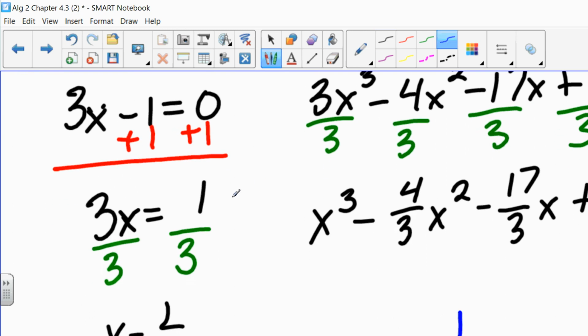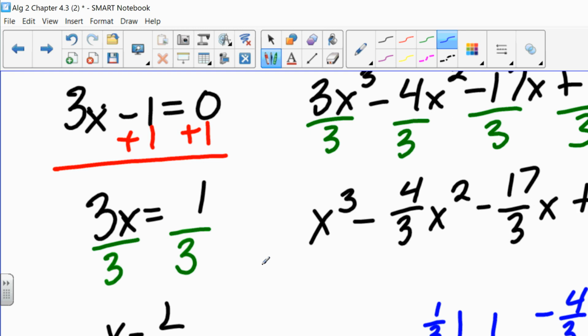Now that we have it this way, we can actually do the synthetic division. So we would have 1/3 here, and across the top we would have 1, -4/3, -17/3, and 2. So our first step would be to drop the 1.